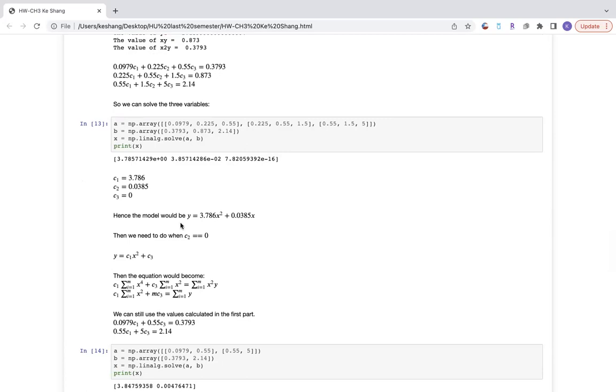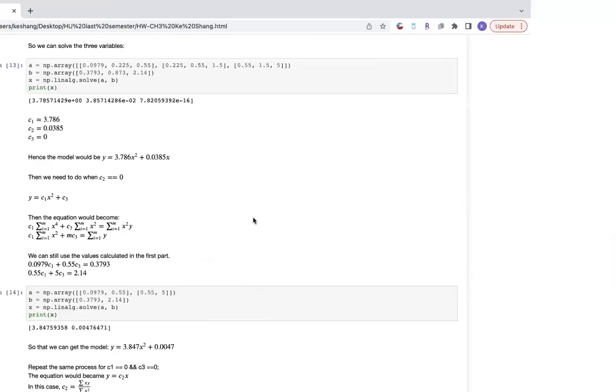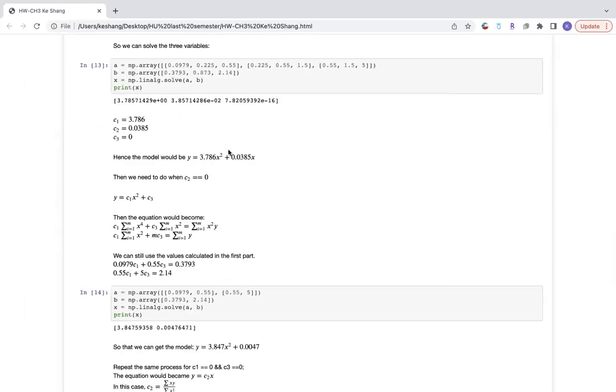So the model becomes y is equal to 3.786 x squared plus 0.0385 times x. The second part of the problem asks us to do the same calculation, assuming C2 is equal to 0. So in this case, y is equal to C1 x squared plus C3.